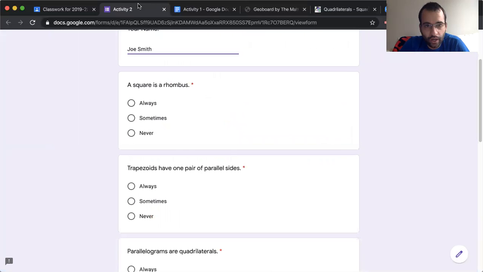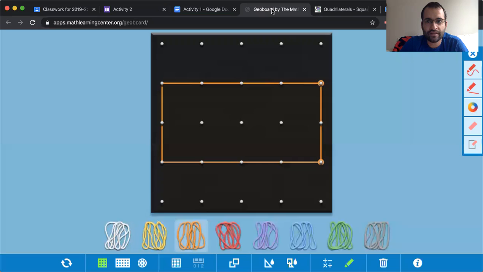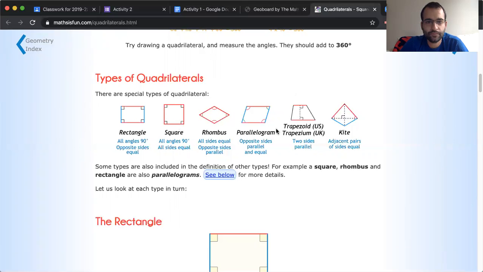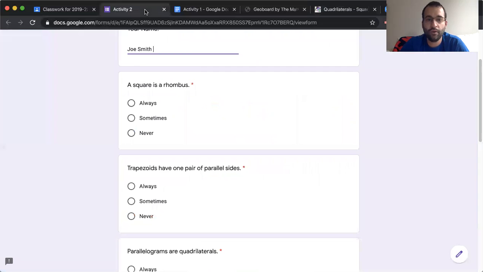So a rhombus is asking me, let me go back and double check. A square is a rhombus. So let's see that again. So let's see, does the square have the same ideas as the rhombus? So does a square have all sides equal? Yes, that's correct. Are the opposite sides parallel? Yes, that's correct. So I do know that a square is also a rhombus.